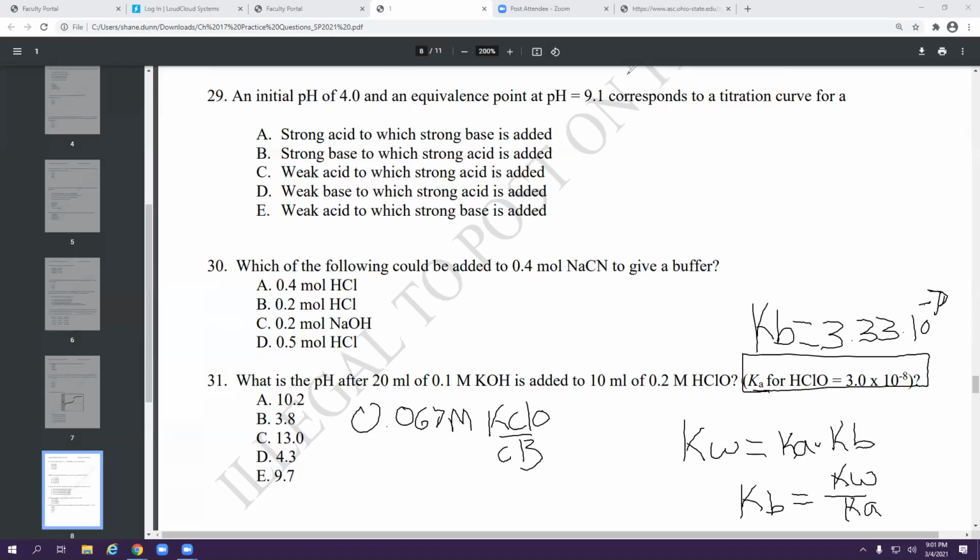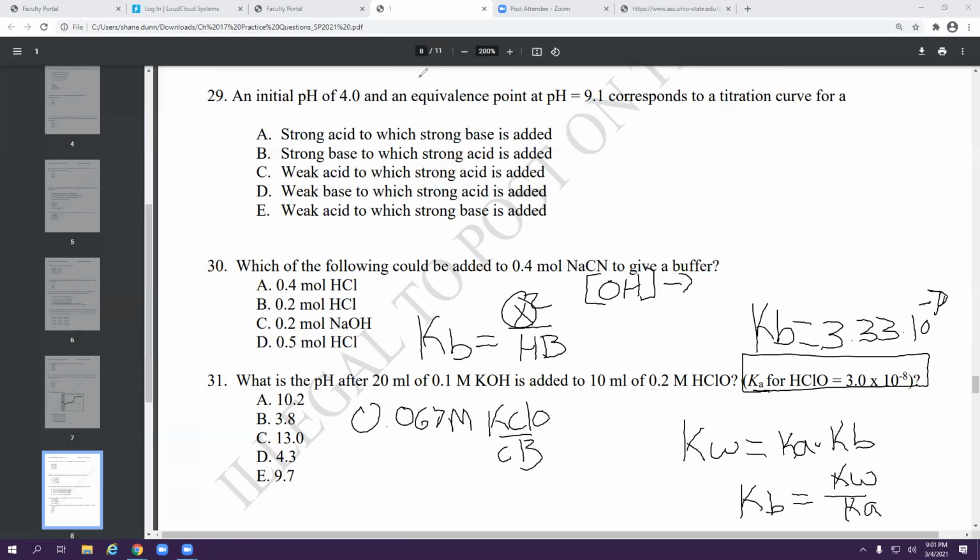Okay, going back to last unit. Ka and Kb equal what? X squared over HB, right? Well, if I solve for X, I'll solve for the OH concentration, right? Which, given the negative log of that number, will give me pOH, right? Yeah, it's coming back.